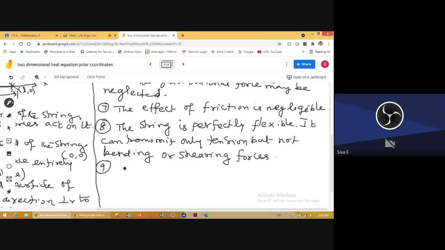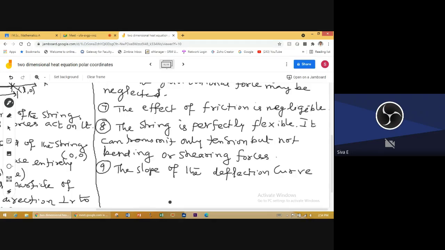Last one, the slope of the deflection curve.